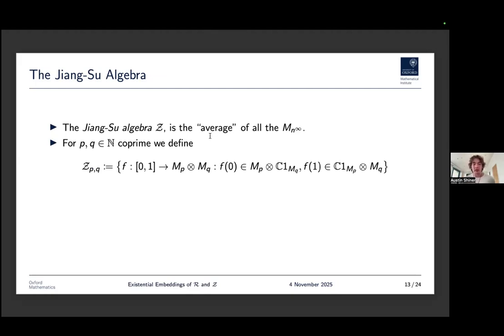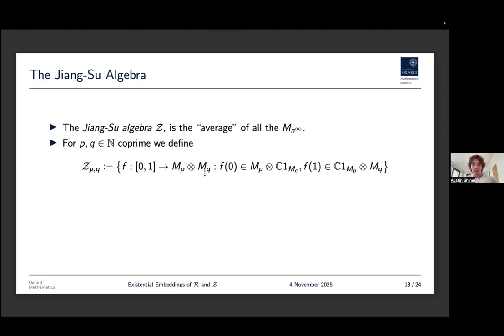So how do we define it? Well, it's built out of these rather scary looking building blocks, but they're not too complicated once you break it down. Given p and q coprime, we define this algebra Z_pq to be the set of all continuous functions from the unit interval into this algebra Mp tensor Mq with two boundary conditions.